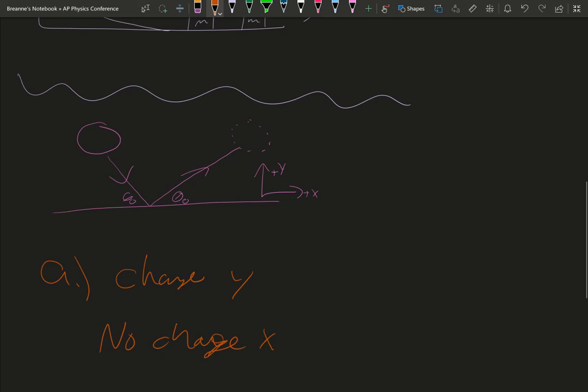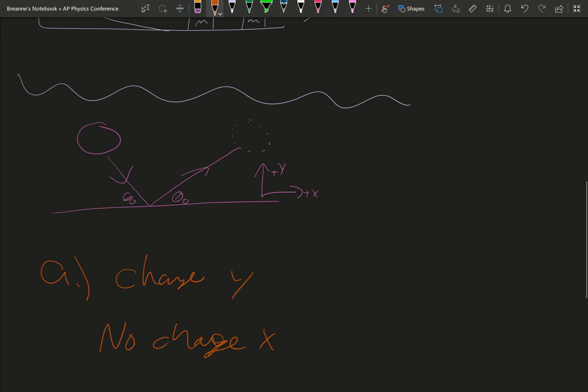So for your horizontal component, there's going to be no change because there's no force acting on it. Your change in y, there is going to be a change because there is gravity. It's going to speed up and then slow down. So anytime there's a change of velocity, you have a change in momentum. So your momentum in the x will stay the same. Your momentum in the y will not due to gravity.